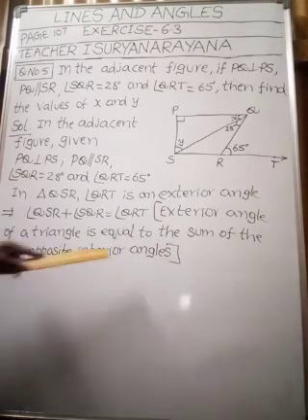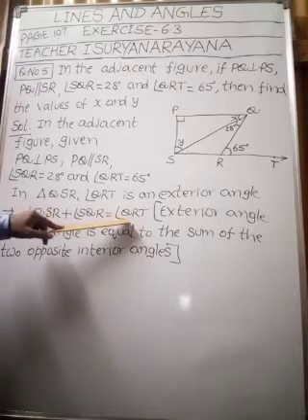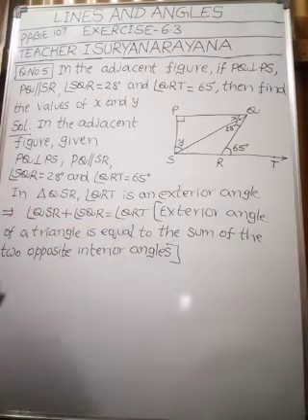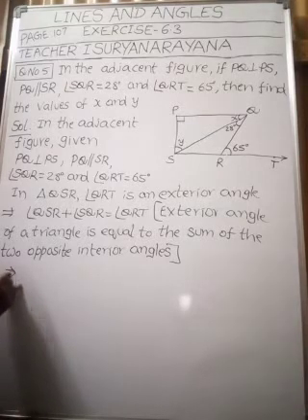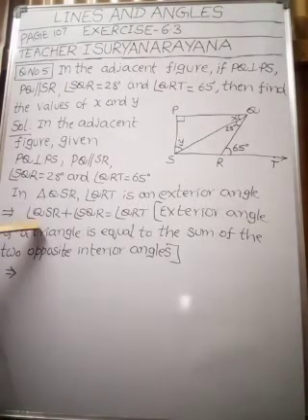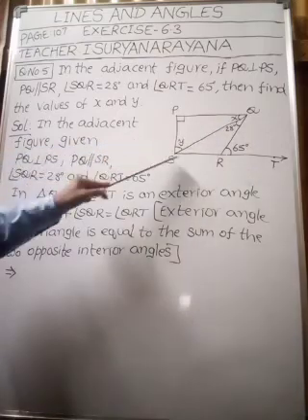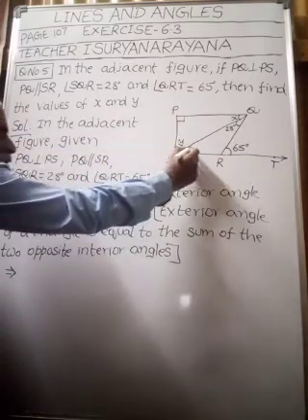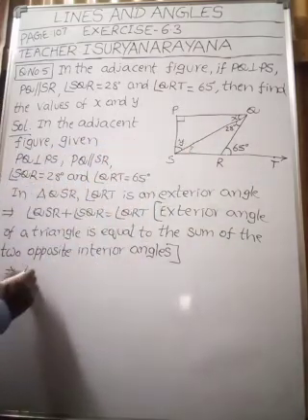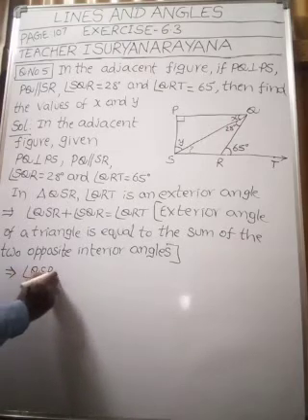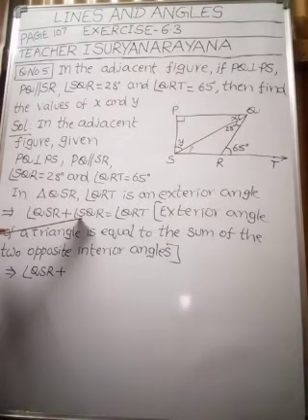So by using this property, we wrote this step. Understood this step, my children? Right. This implies, what is the measurement of angle QSR? Angle QSR, we don't know this angle. Angle QSR plus angle SQR.